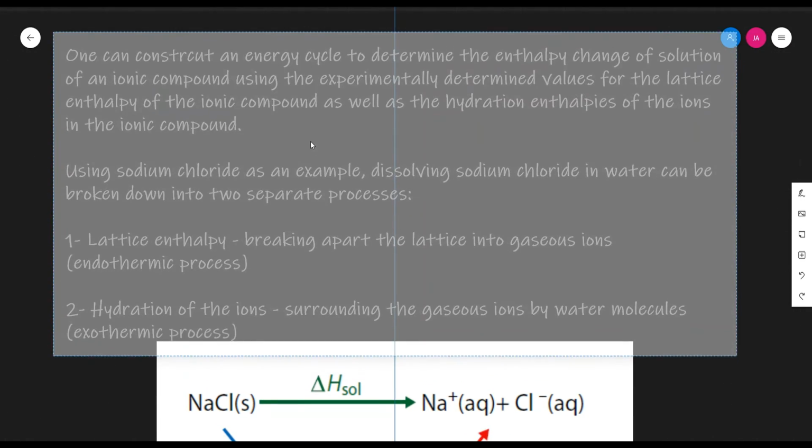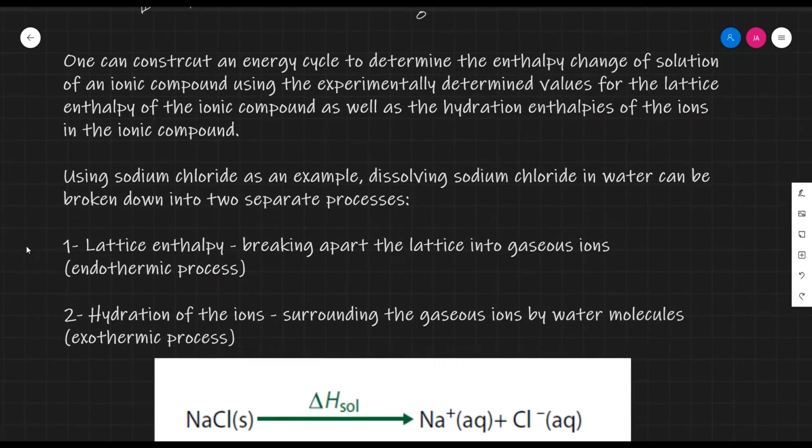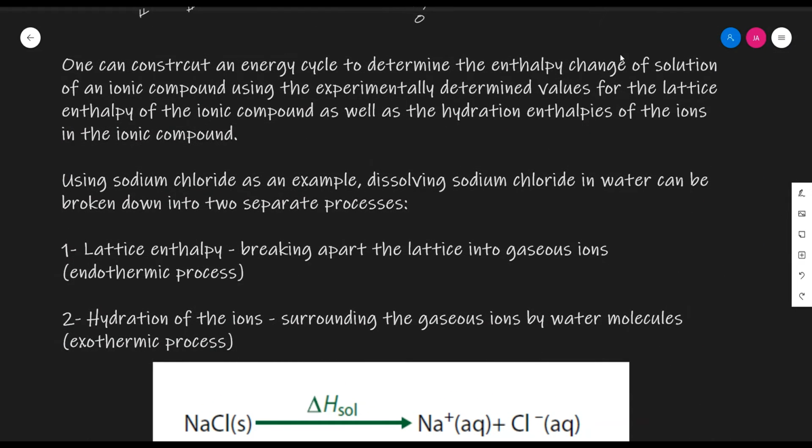As stated here, one can construct an energy cycle to determine the enthalpy change of solution of an ionic compound using these experimentally determined values, such as the lattice enthalpy of the ionic compound, as well as the hydration enthalpies of the ions in the ionic compound. This is what we will be covering next.